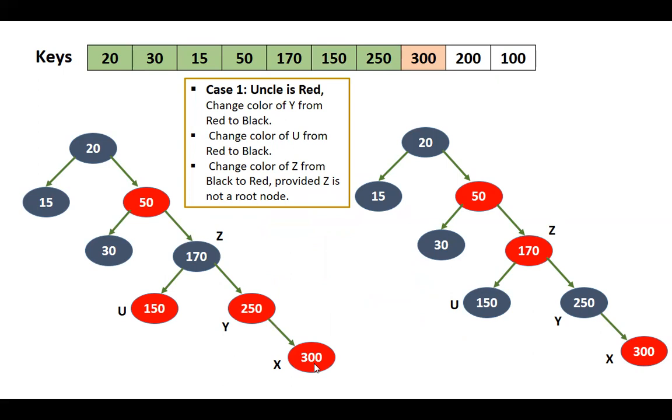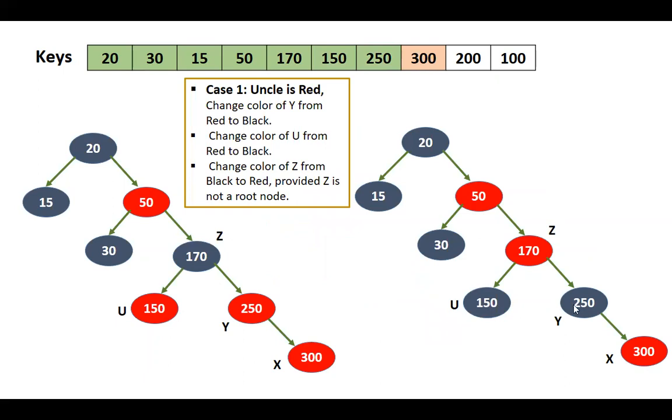Fine. Now again you check, there is a red violation, tree is imbalanced. What you do is check the color of uncle. Uncle is red. So you just need to recolor the nodes. You recolor uncle and the parent to black, and you recolor the grandparent, that is Z, to red, right?